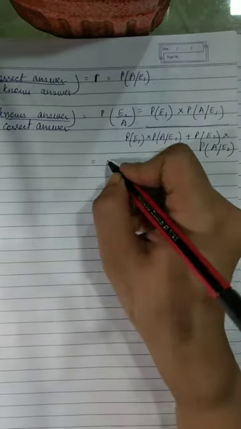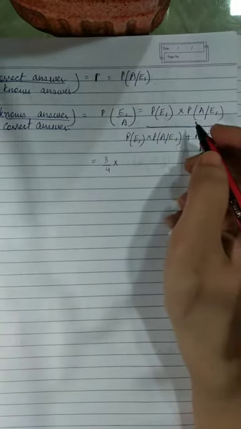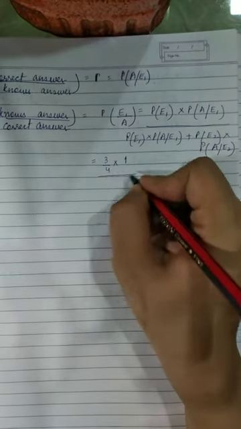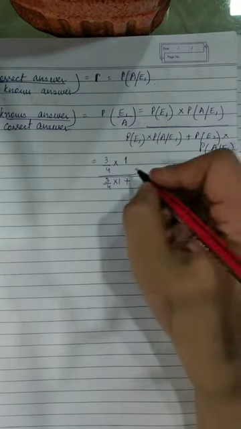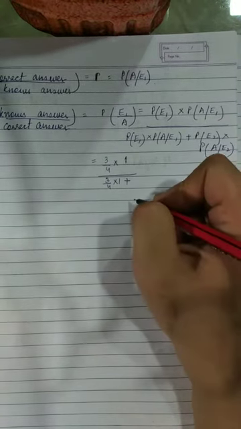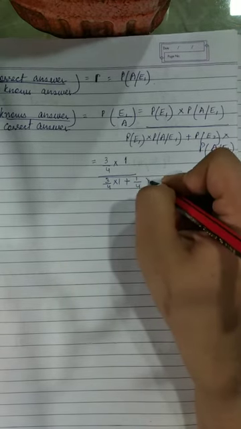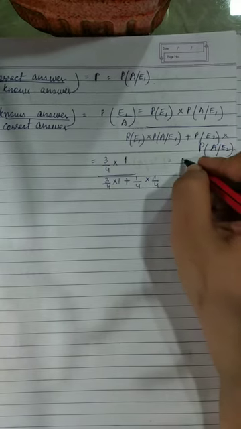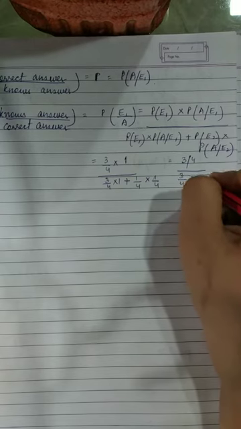So we have P(E1) as 3 by 4 into P(A|E1), which is 1, upon 3 by 4 into 1 plus P(E2), which is 1 by 4, into P(A|E2), which is again 1 by 4. So this is 3 upon 4 upon 3 upon 4 plus 1 by 16.